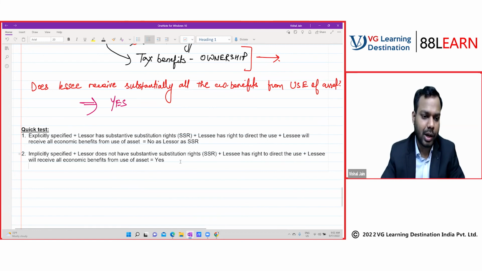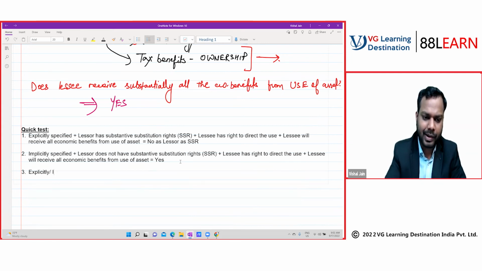Okay, very good. So from now on, what I'll write is, either explicitly or implicitly specified, plus lessor has no SSR.